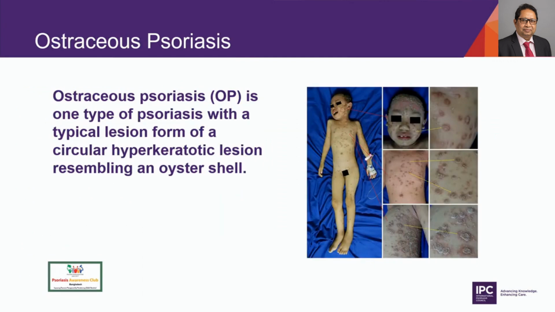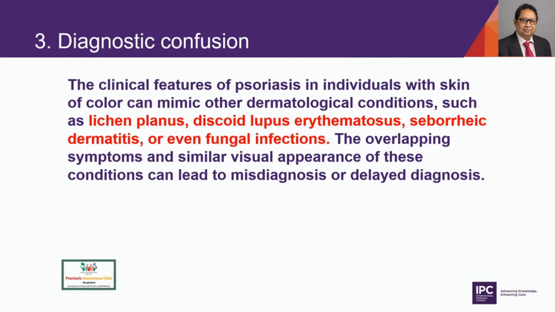That is also a plaque type of psoriasis, and it can be confused with other types of skin lesions. So the diagnostic confusion is there, especially with lichen planus, discoid lupus erythematosus, seborrheic dermatitis, or even fungal infection.